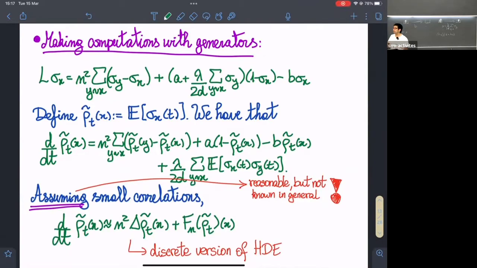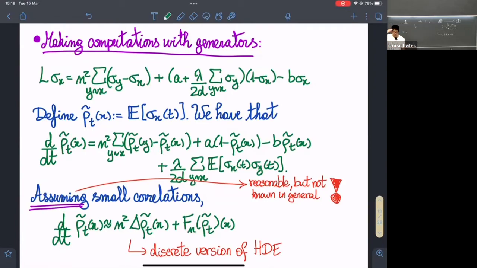Here you need to make some assumption. Let's assume small correlations. Why? At this point, this is completely unjustified.